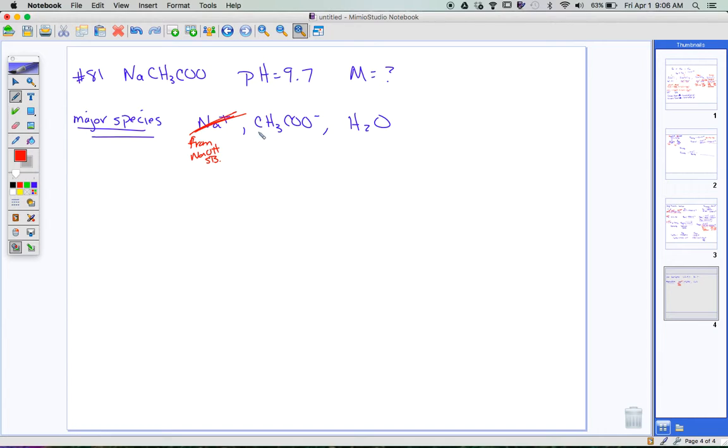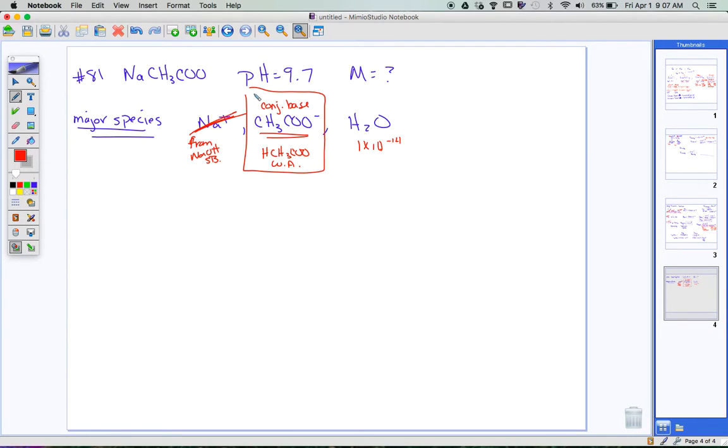The acetate ion, on the other hand, came from acetic acid, which we already know is a weak acid, so this is a conjugate base that's probably affecting the pH. And then we know water is 1 times 10 to the minus 14th. So as long as we get something bigger for that conjugate base than water, then this is what will dictate the pH.